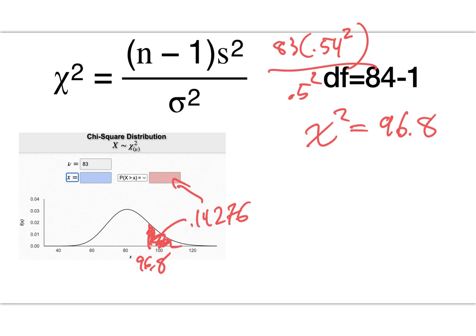There was a 14.27% chance that we could have got results like this randomly. That's not uncommon, which means there's not enough evidence to suggest that the standard deviation of weights of cereal boxes is over 0.5. We would expect weights to fluctuate, and this was not out of the ordinary.